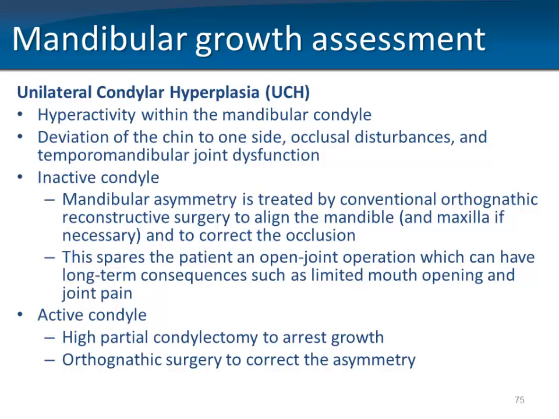If the condyle is inactive, then the mandibular asymmetry can be treated by conventional reconstructive surgery to align the mandible and correct occlusion, and this spares the patient an open joint operation. However, if the condyle is still active, then you need to perform a high partial condylectomy to arrest growth, because otherwise the malformation will simply return after you have performed the orthognathic surgery.